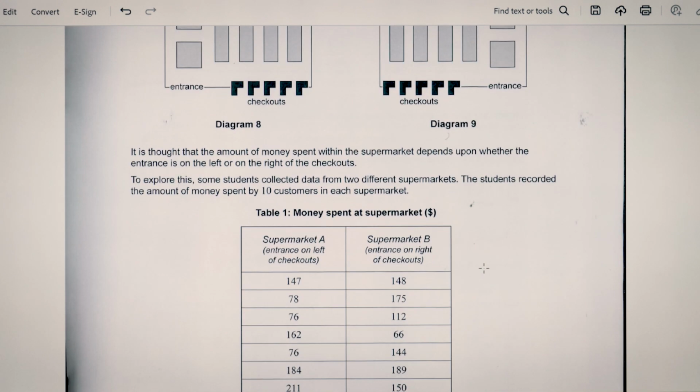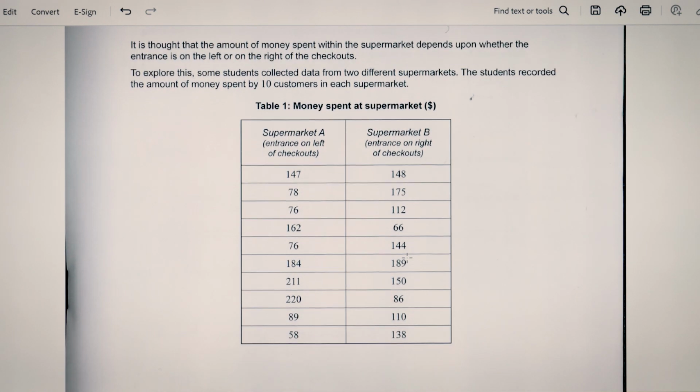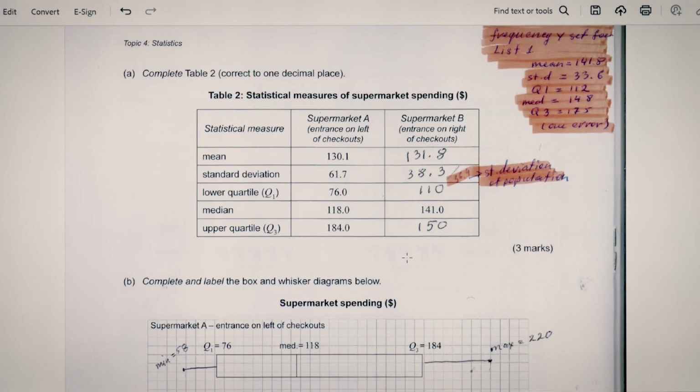Some students collect data from 2 different supermarkets. So supermarket A, supermarket B, entrance on the left, entrance on the right, and this is the data we've got. The question was to complete the table.